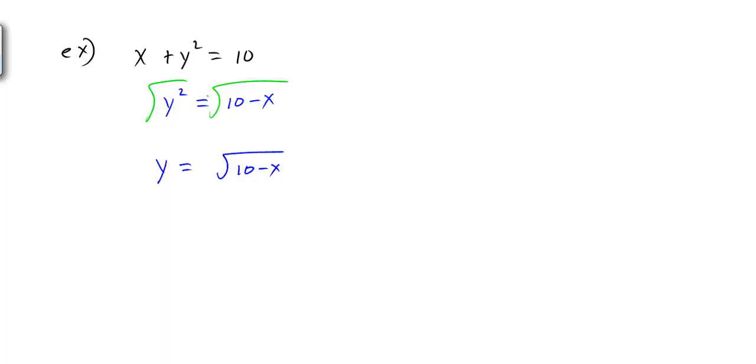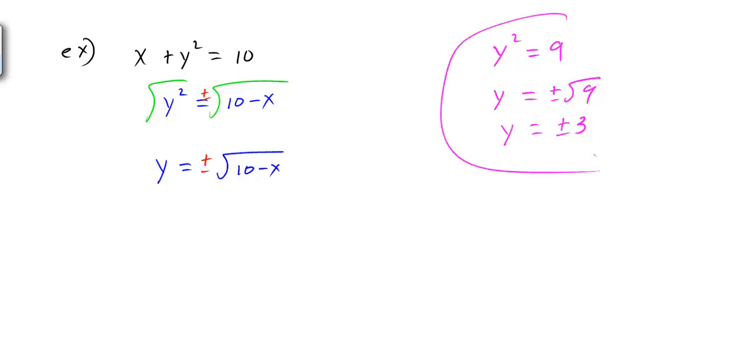But when we take the square root, remember we have to put in plus or minus. If you forget that, think of the example y squared equals 9. Then y could be plus or minus the square root of 9, so y could be 3 or -3, because 3 squared is 9 and -3 squared is 9. So over here, we have y equals plus or minus the square root of 10 minus x.